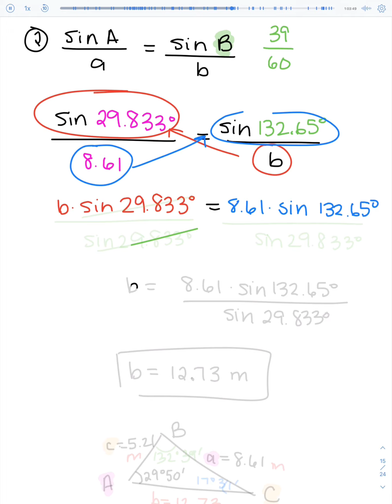Last thing you would do is divide both sides by the sine of 29.833 degrees.